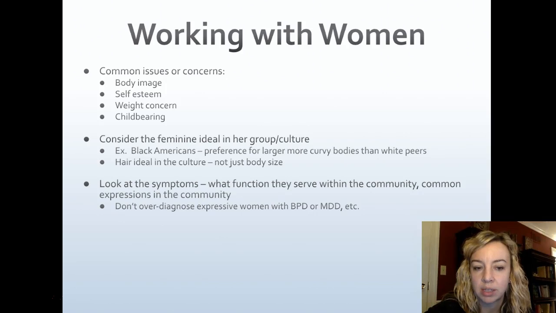So we don't want necessarily to overdiagnose certain things because they could be cultural expressions, for example. If there is within a certain culture a feminine ideal of a lot of highly emotional expression, that doesn't mean that that person necessarily has a personality disorder. You have to think about the feminine ideals within a certain culture and then compare that woman to the norms within that culture.